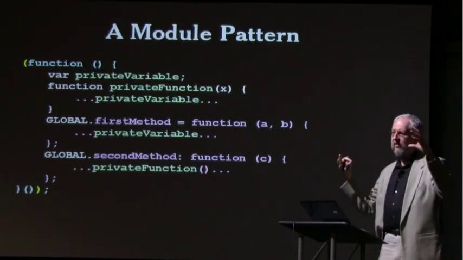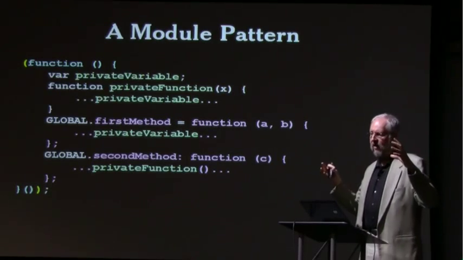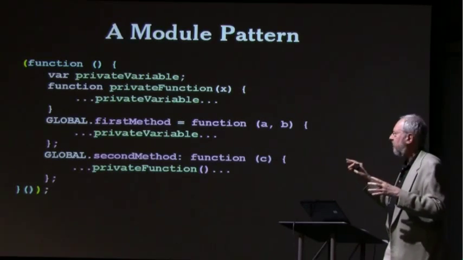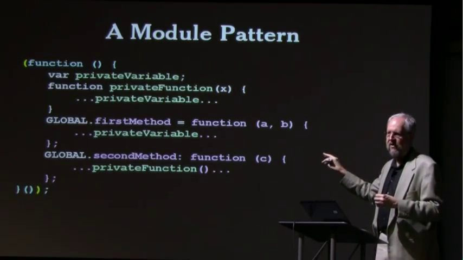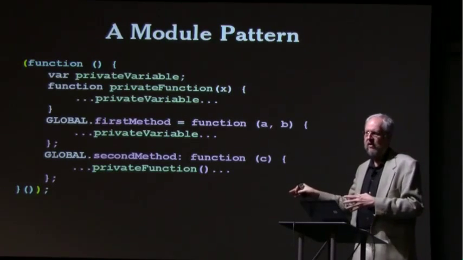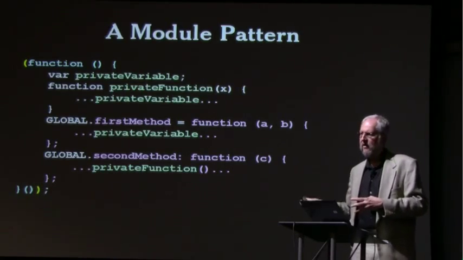And again, the whole thing is wrapped in the golden parentheses. In this case, the parentheses are syntactically required. That's because I want this to be a function expression and not a function statement. If it were a function statement, I couldn't immediately execute it, and I want to immediately execute it. Everybody still with me?